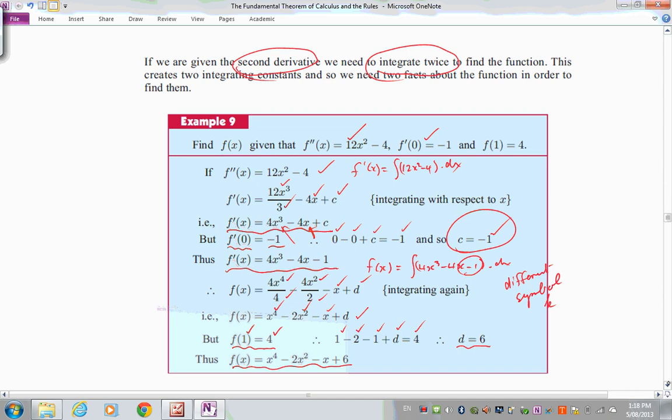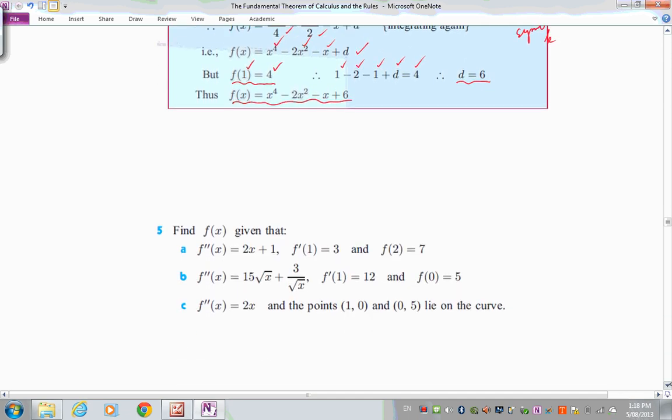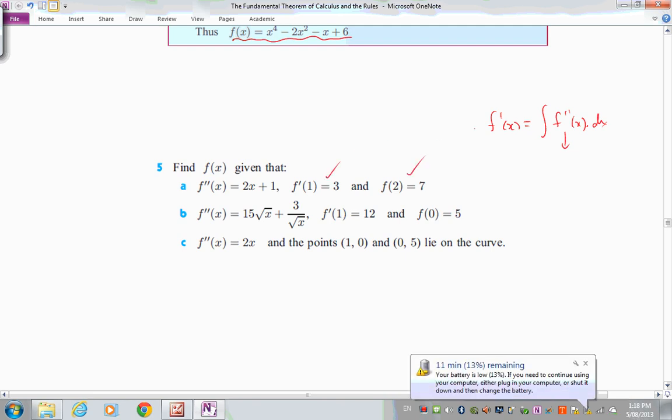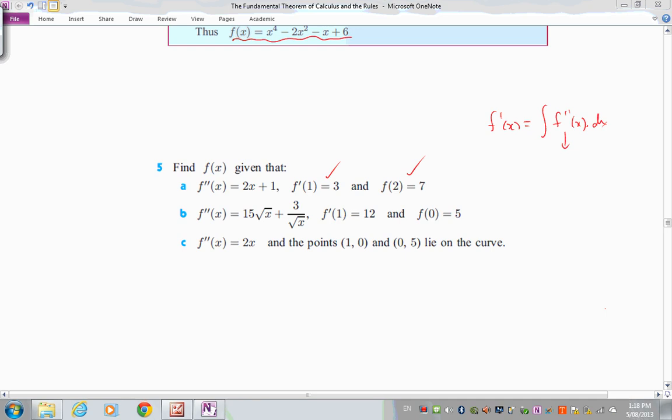Time to do some. So come down. I'd like you to set it out well here. So when you're trying to find f dash x, I think you should put down it's the integral of f double dashed x dx, and put the actual function in there and show the steps. And here, of course, we're given 2 pieces of information so that we can actually evaluate that constant there and have a unique function.